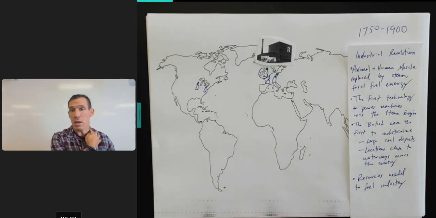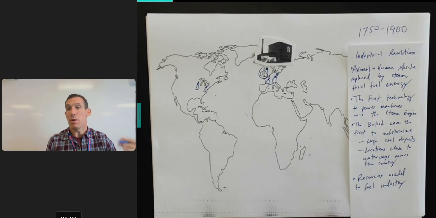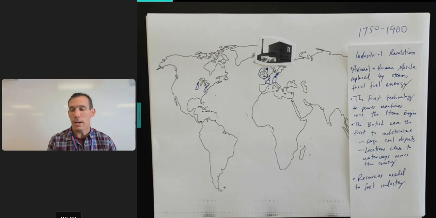That could be wood, timber resources, which is a big one, especially in the Midwest. Eventually, it's going to be rubber. Rubber is generally only grown in tropical areas, and it was taken from those tropical areas and shipped to these centers of industry in other parts of the world.